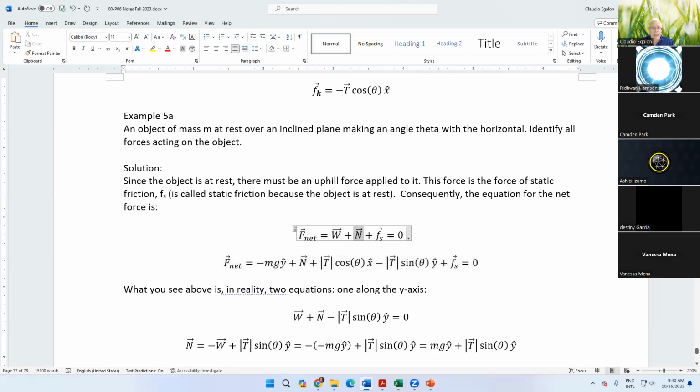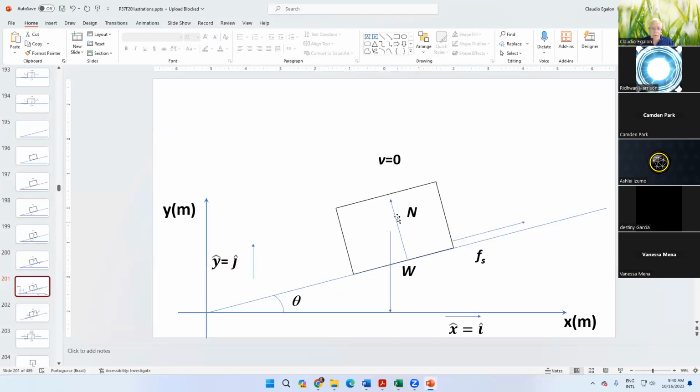We are going to end up having a normal that has two components. Take a look here. This normal is going to have a component along the vertical axis and another component along the horizontal axis, right? And this force of friction too.